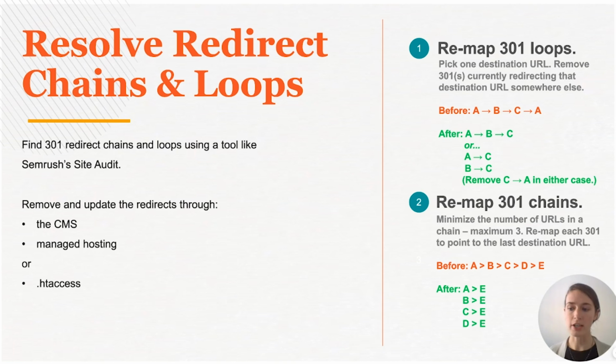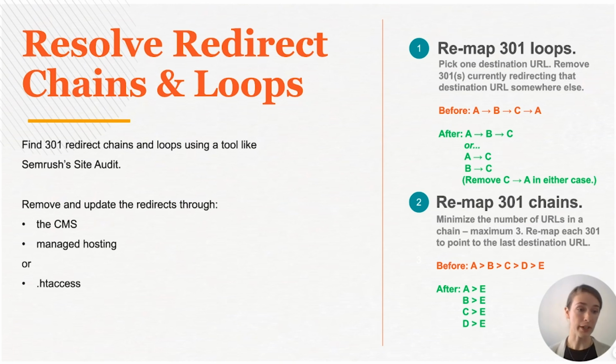A redirect chain is when a 301 points from one page to another, to another, to another, to a final destination, with multiple steps in the middle. A redirect loop is when a 301 points from one page to another, to another, to another, and then back to the beginning URL.